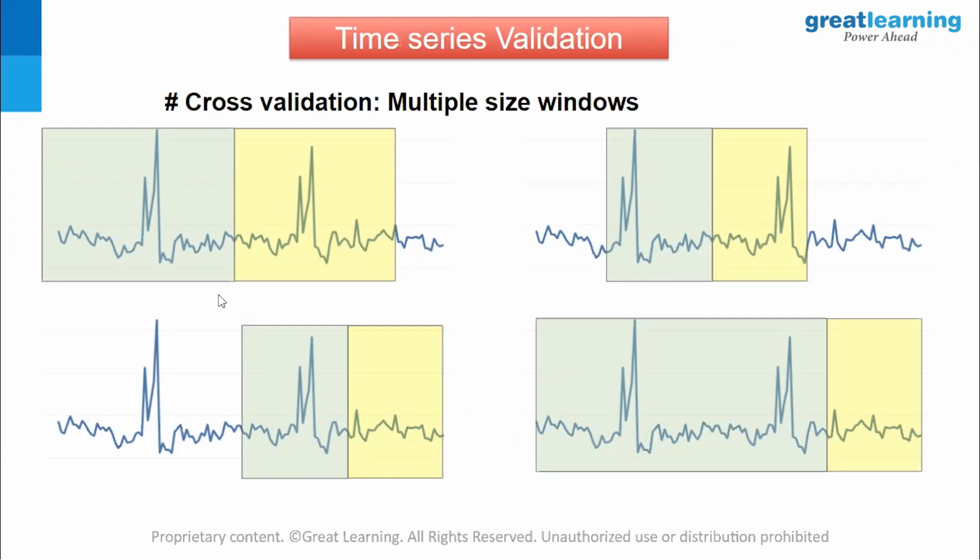Okay, now the multiple size windows can be really up to you, but it should follow just one constraint: the validation should always succeed the training, because it is time-bound data, it's temporal data.